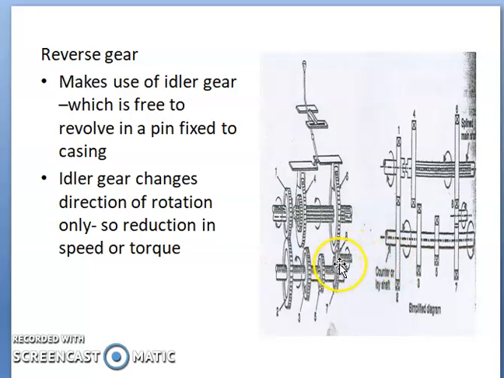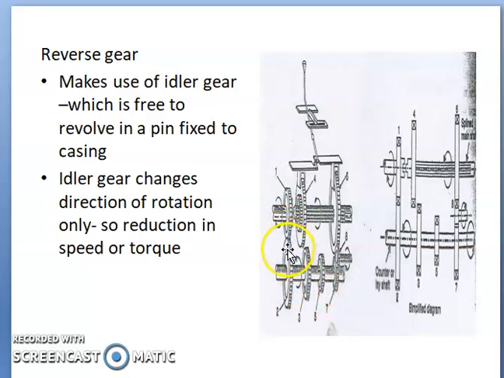So when the idler reverse gear is engaged, the transmission comes from the clutch gear to the counter shaft, and the smallest gear in the counter shaft. Usually reverse speeds are at very low speeds. Therefore, you make use of the pair of gears which we use for the first gear.